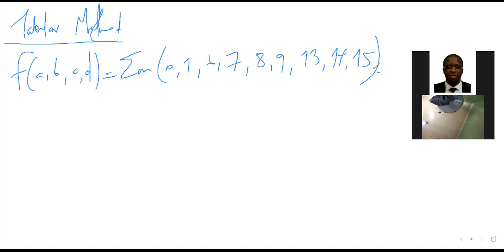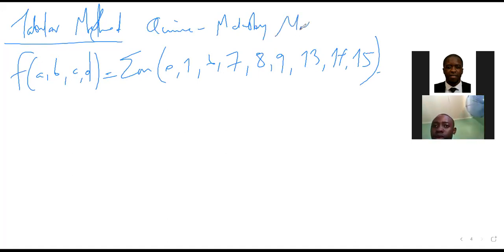Simplify that function using the tabular method, the Quine-McCluskey method. How do we simplify it?